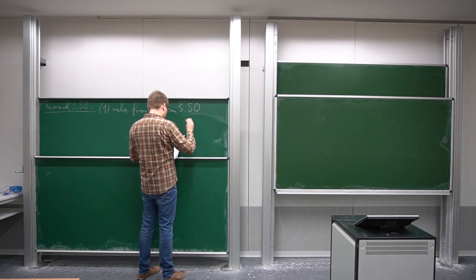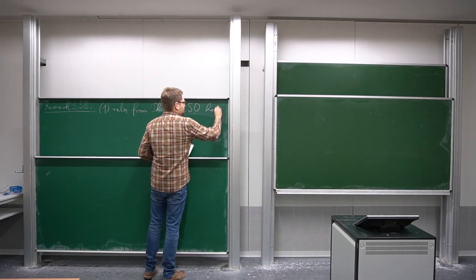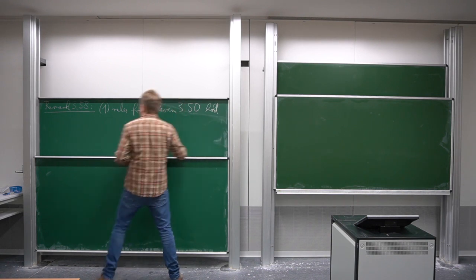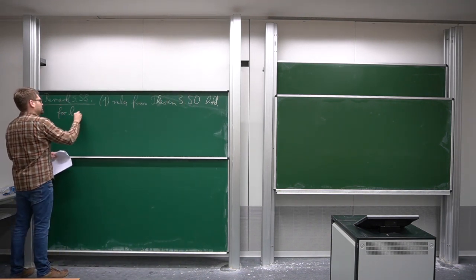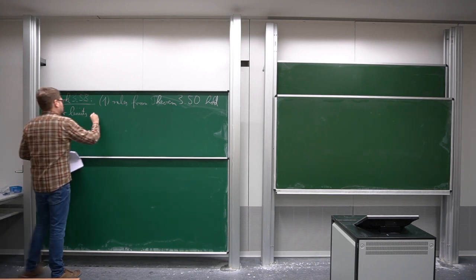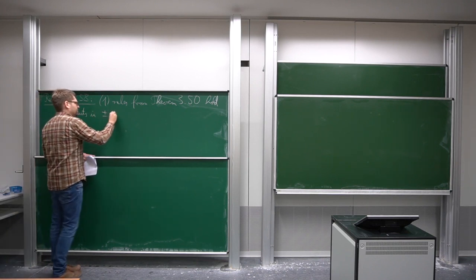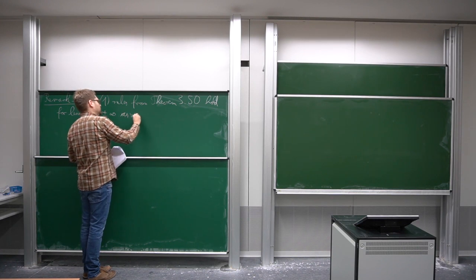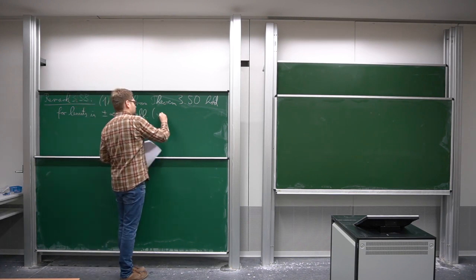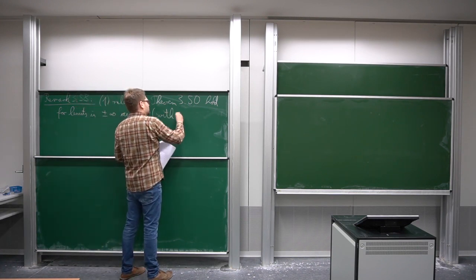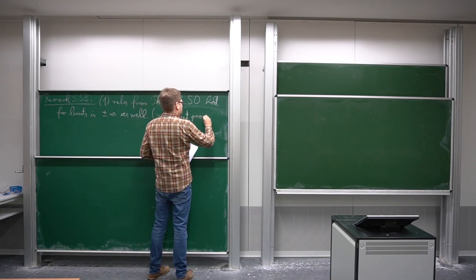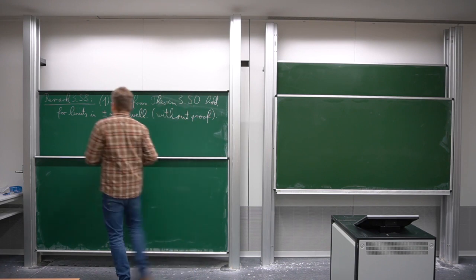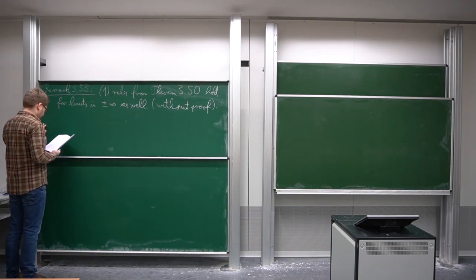So the rules from theorem 350 hold for limits in plus or minus infinity as well. I will not formulate this as an individual theorem because it's just a bit too much effort. It's just the direct translation of these results.